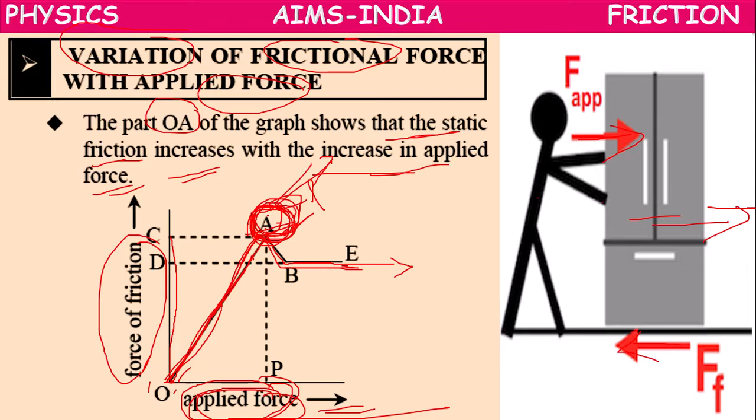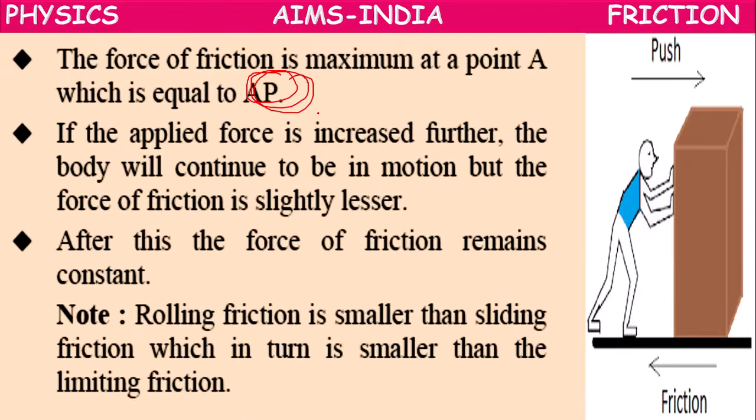This frictional force value, if we draw a line perpendicular to the applied force, this AP will give the maximum static frictional force. If the applied force is increased further, the body will continue to be in motion, but the force of friction will be slightly lesser.